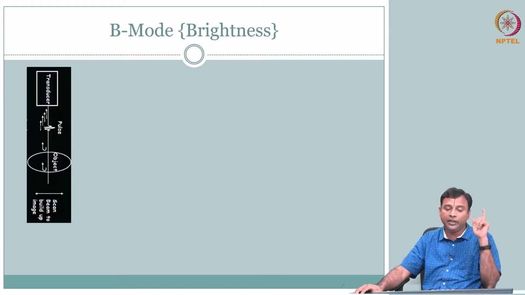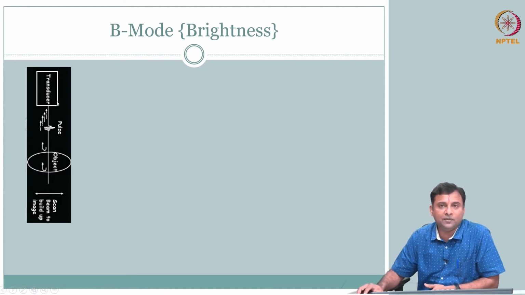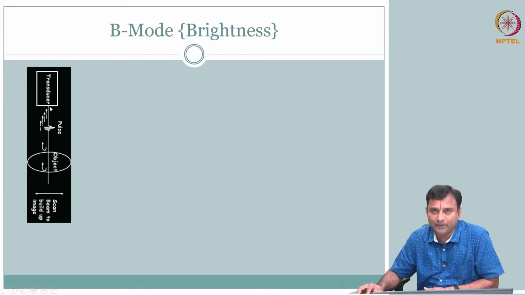Only thing now what we need to do is, so you got one A mode signal. Now, if I want to do an image, what should I do? I should move the transducer, right. I move the transducer to the next location. For example, we talked about Z direction, depth direction. So, let us call this your lateral or X direction.